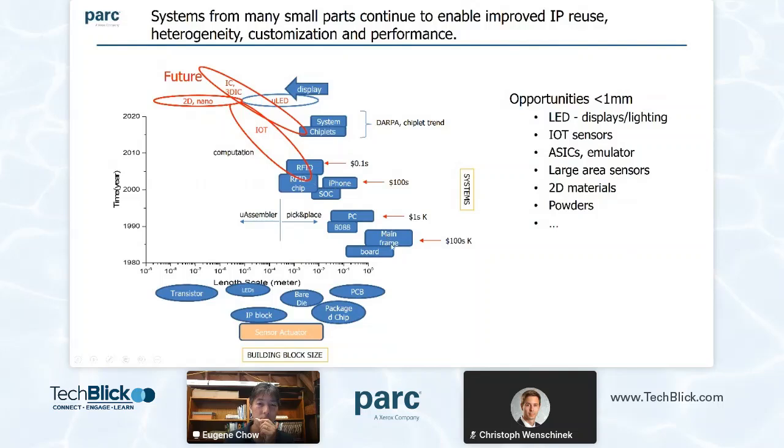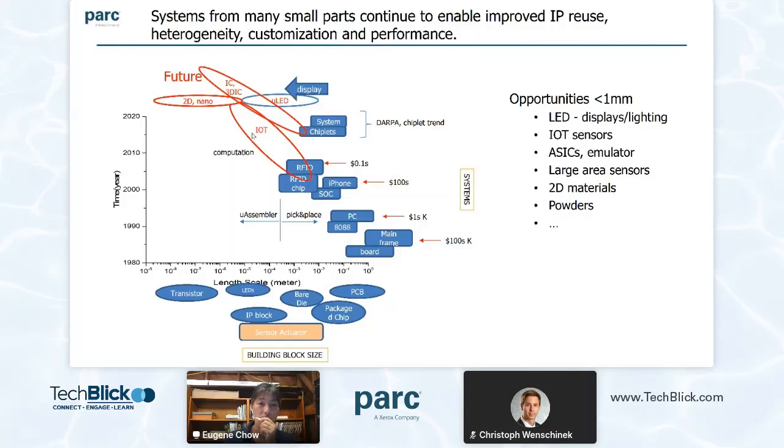And you can see the system components getting steadily smaller, from boards to chips, and now chiplets. In the electronics world, that phrase is very popular. We're kind of proud to have coined that way before DARPA, but it's definitely got a lot of momentum now in the electronics world, and for performance customization, heterogeneity.